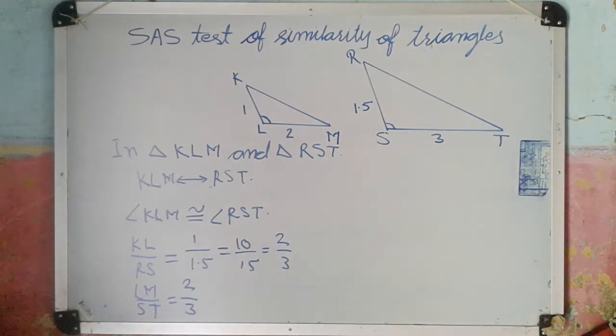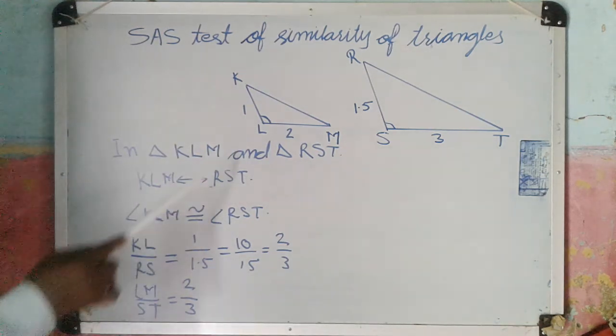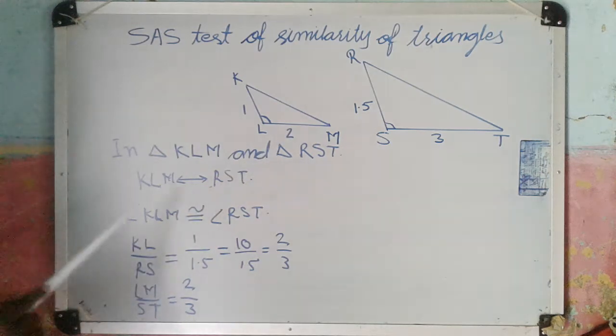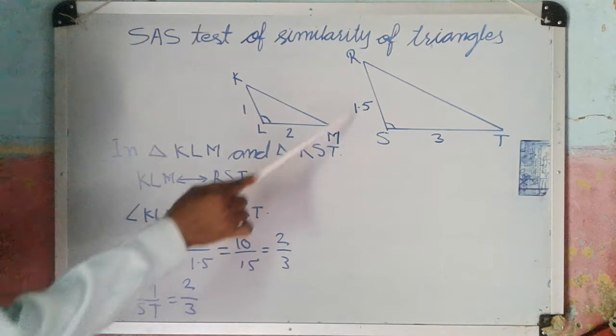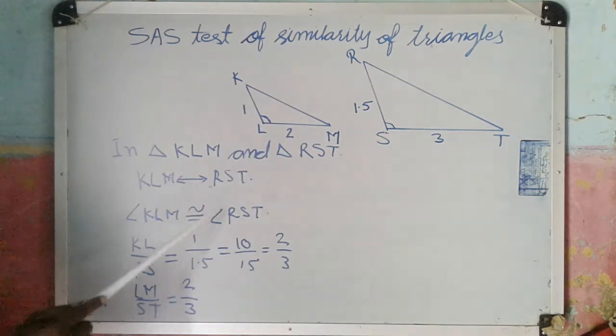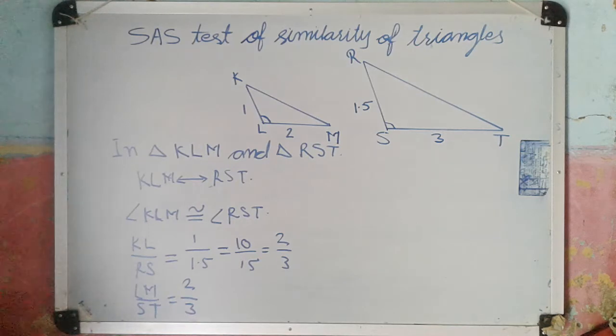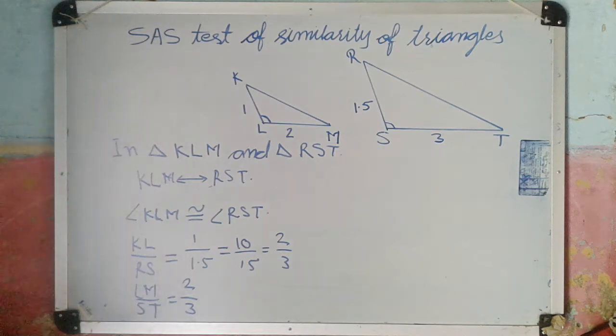And the angles between them are congruent, that means angle KLM is congruent to angle RST. If such a situation is there, then these two triangles are similar by the side angle side test.